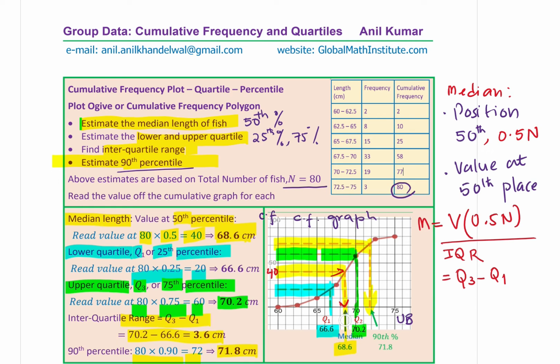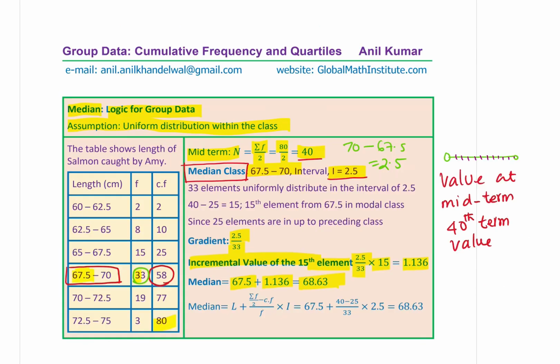So that is how you could connect it. Once again, we know that the middle value is at position number 40. This position 40 lies in the median class 67.5 to 70. That is the cumulative frequency of 58.